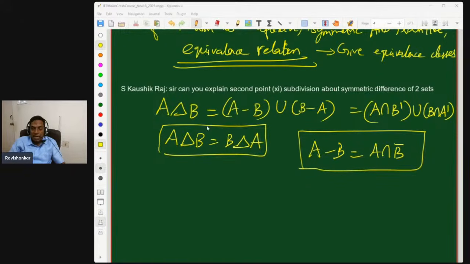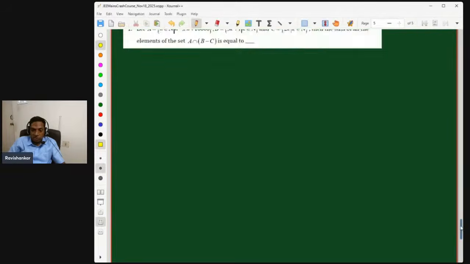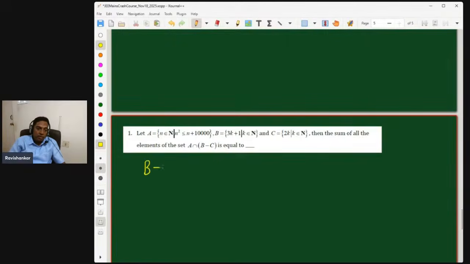Okay, so B minus C in this question is B intersection C bar, whichever notation is convenient to you. Now, what is the set B? Set B is numbers of the form 3k plus 1. So 4, 3 into 1 plus 1, 3 into 2 plus 1, 3 into 3 plus 1.